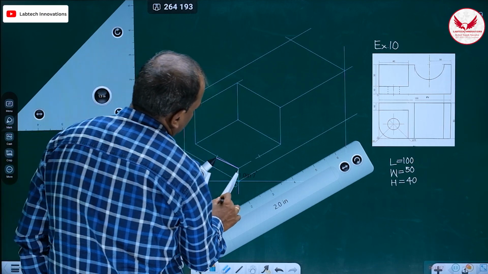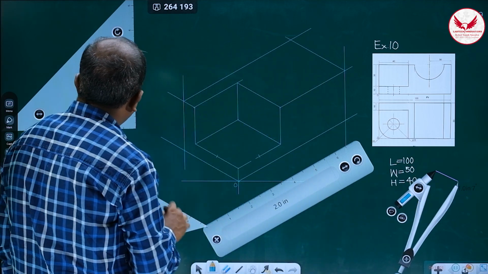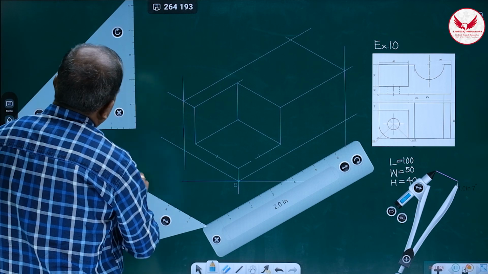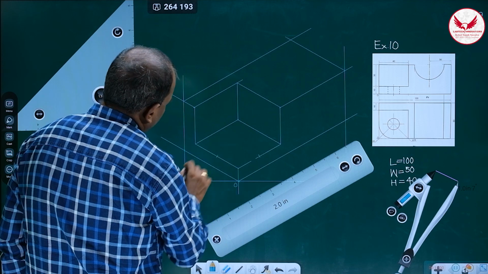Correct. See, once we mark this arc, I am telling the procedure of drawing the quarter circular portion.